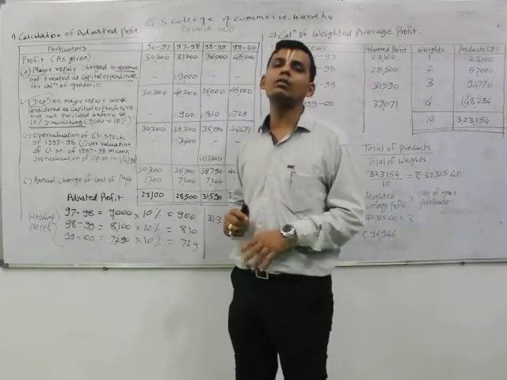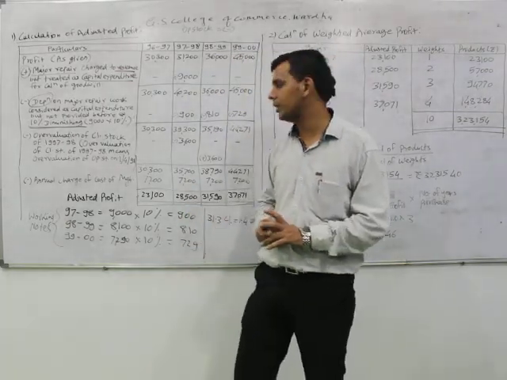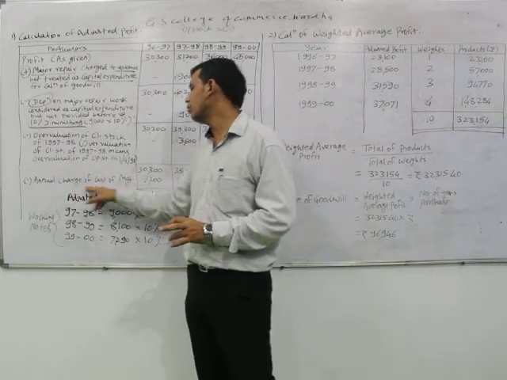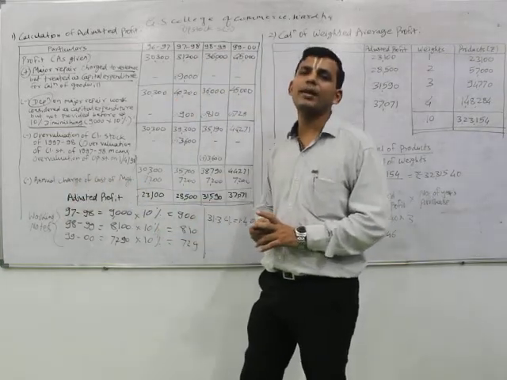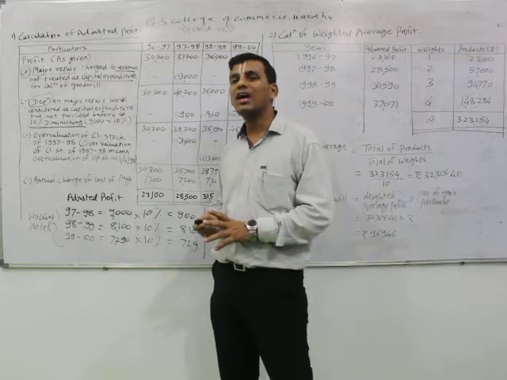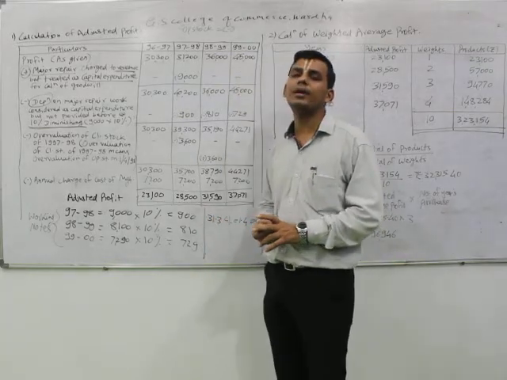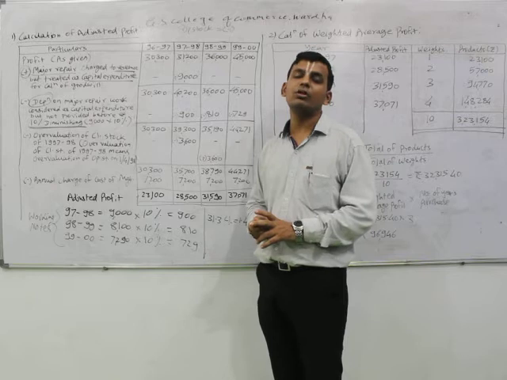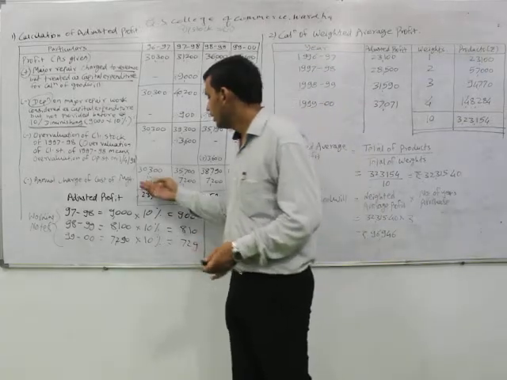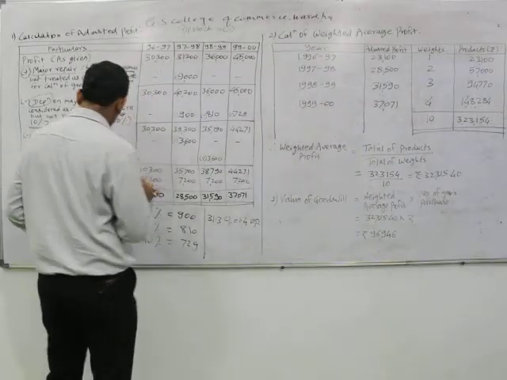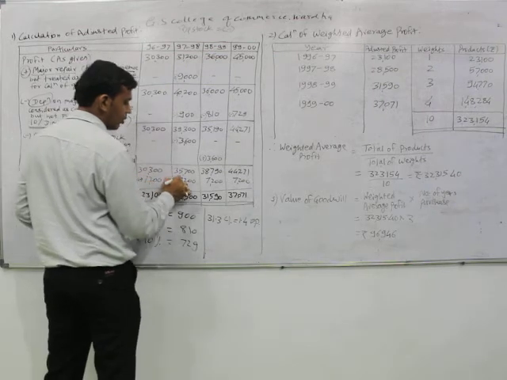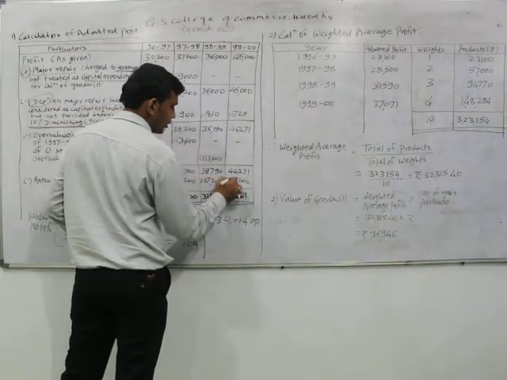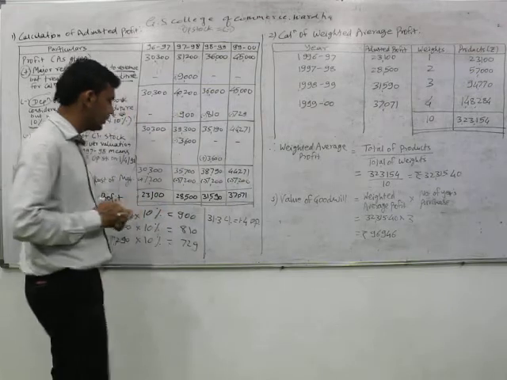Now moving to the third adjustment given in the question. It said that there is an annual charge of cost of management for all years of rupees 7,200, which is to be charged for valuation of the goods. Hence, that 7,200 is deducted from each year.